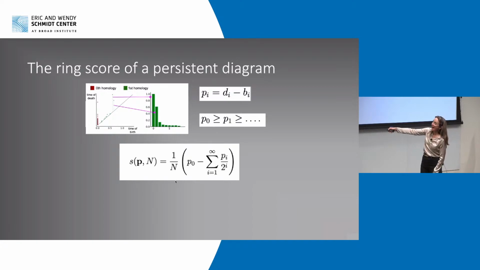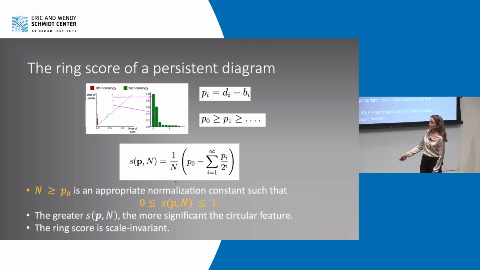It's somehow saying, how important is this feature that's picked up by this 0th persistence compared to the other ones? And that's what we'll call the ring score, where here we've chosen this n just so that the values of this score are always bounded between 0 and 1.